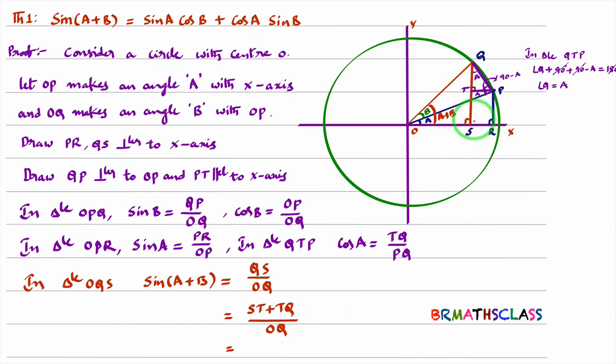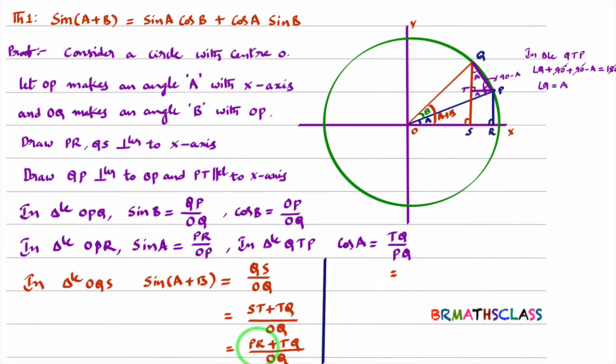You observe this ST. This ST and PR both are of same length. From the figure you can easily understand that ST is same as PR. So in place of ST I'll write PR, divided by OQ. We almost all came to the end.